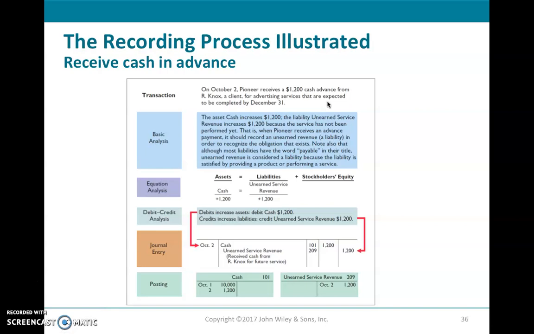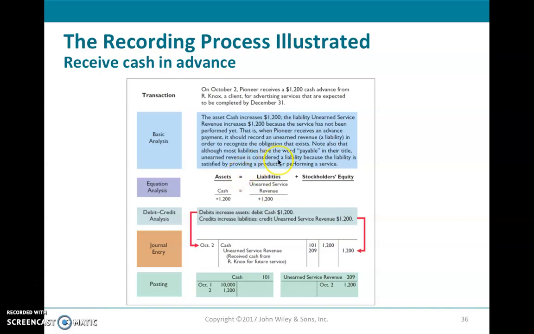They might get a retainer for a case, so they're getting cash upfront from a client for services to be provided in a case in the future. In this case, cash increases, which is an asset, and a liability is also increased because we owe the client the service, or we have to give their money back if we don't do the service.